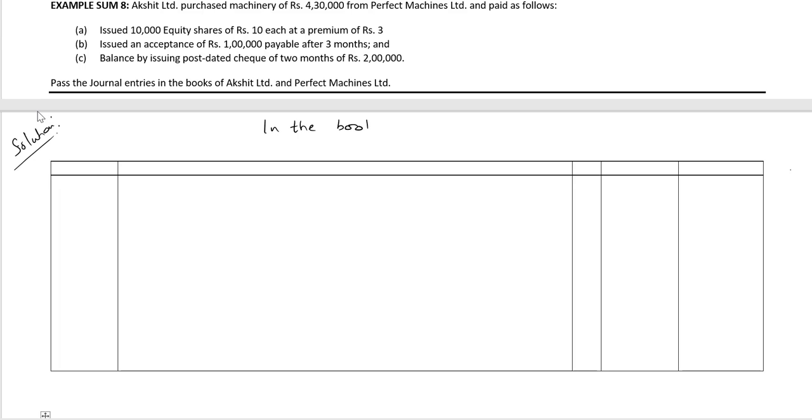In the books of Akshit Limited, journal, we have date/serial number, particulars, LF number, debit rupees, and credit rupees.